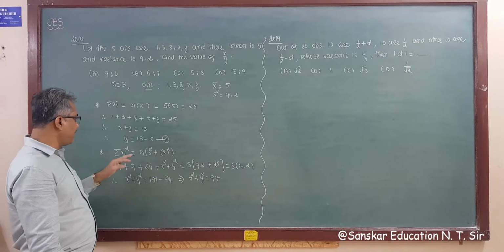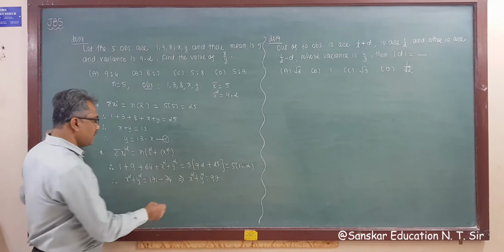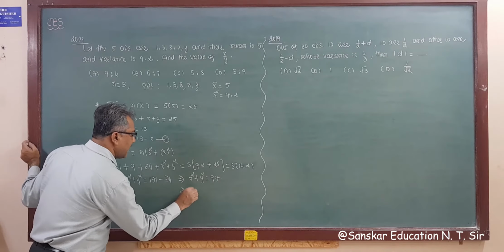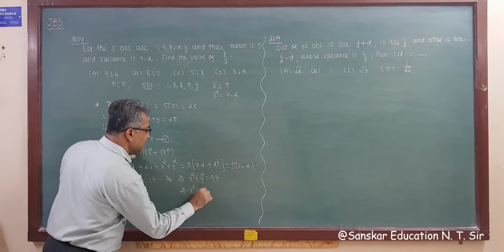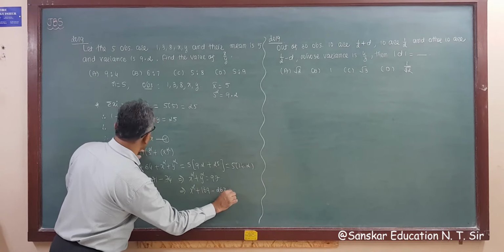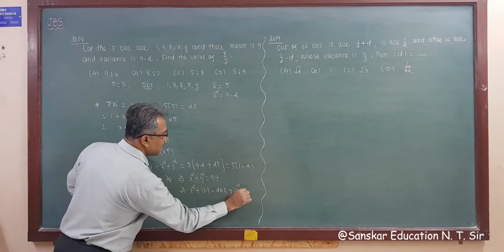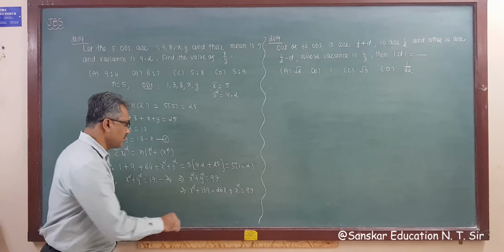Now substitute the value of y here and simplify, and you will get your answer. Substituting from equation 1, x square plus y square means the square of this, that is 169 minus 26x plus x square is equal to 97, right? So x square plus x square is 2x square.